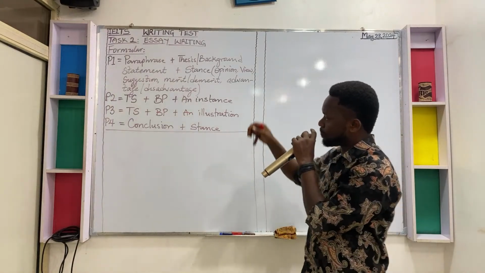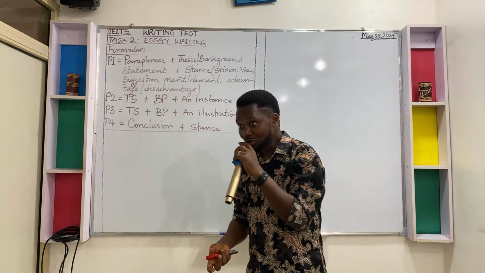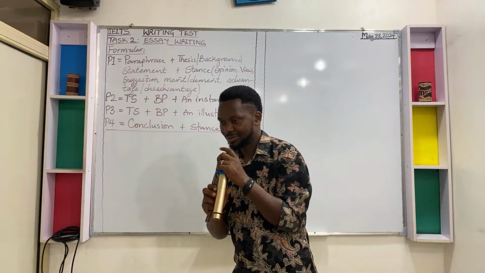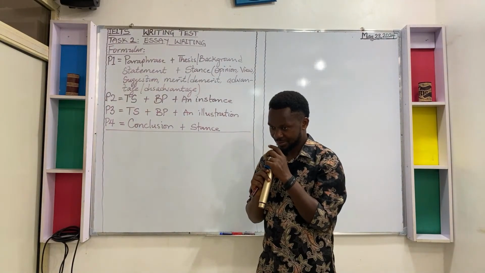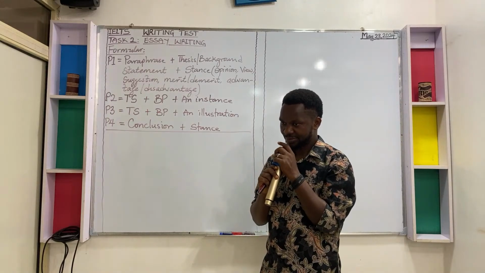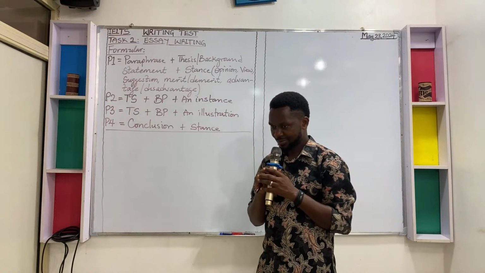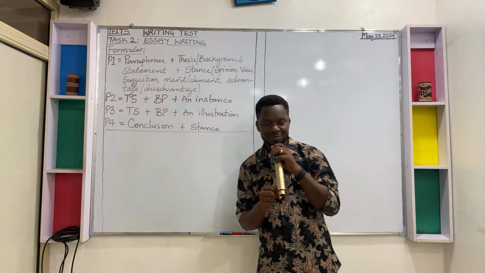Now, in paragraph 1, the first thing we are meant to do will be what? You jot out your question, then you paraphrase, you bring out the point, then you look for synonyms, then you write them back on the question. Thank you.